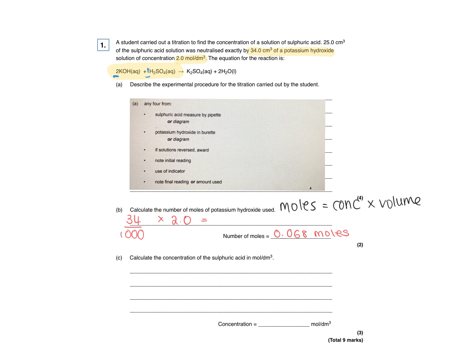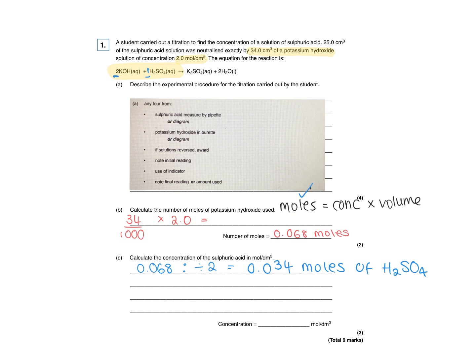So that means 0.068 needs to be divided by 2, to find the number of moles of sulfuric acid. And this is going to give us a value of 0.034. That means we've 0.034 moles of sulfuric acid.